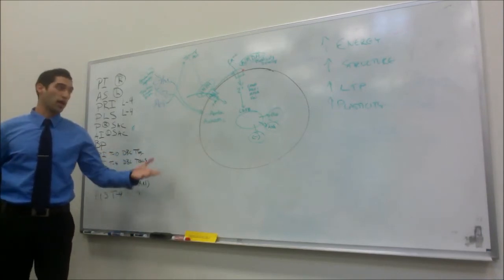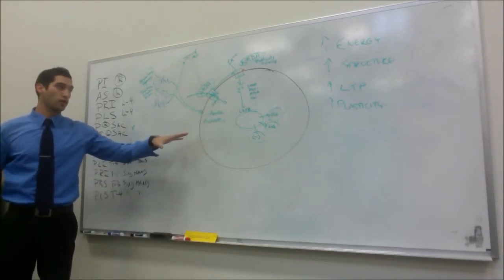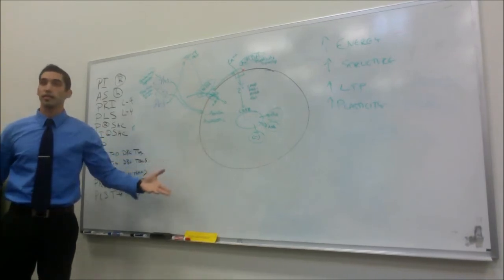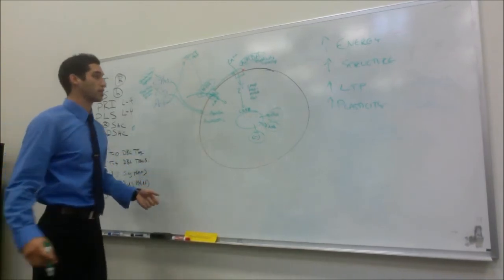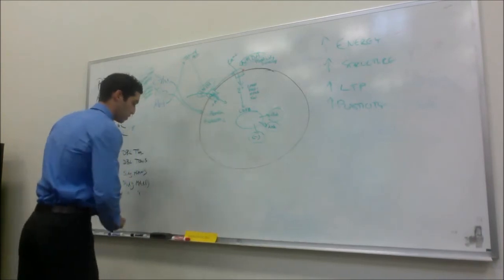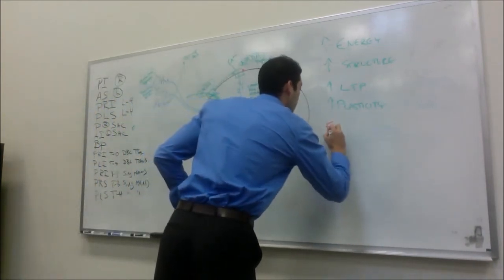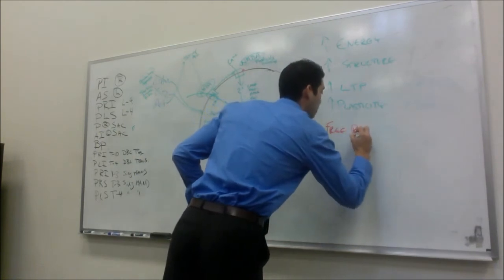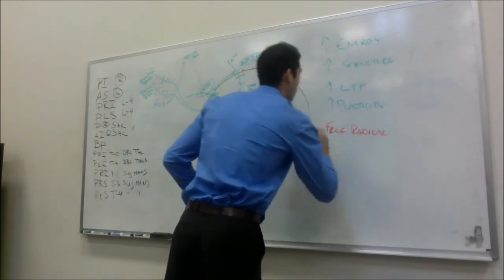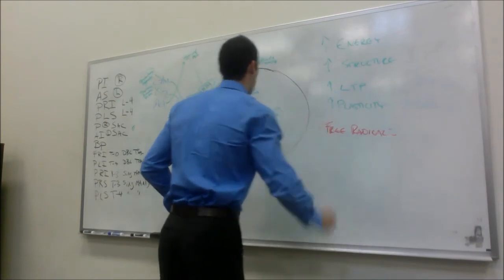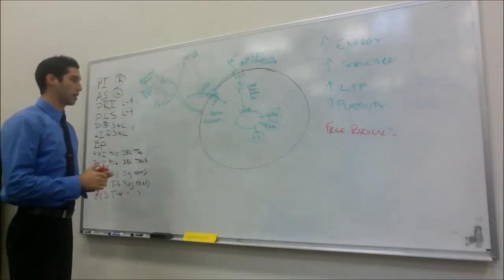And when you have that running, you're going to build up lactic acid within the cell, and that's going to do things like create, let's write these down here. Red will be the bad stuff. You create free radicals, and these are going to start to pull apart the cell from the inside.